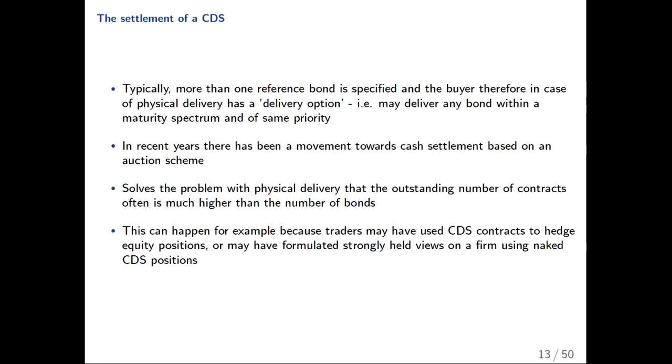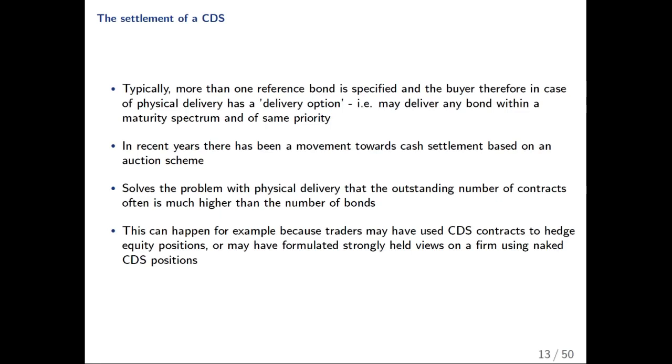What this creates is something called the cheapest to deliver option. If there is a physical settlement process, there's going to be something called a short squeeze. There's a bunch of bonds outstanding, and I have the option to deliver the cheapest one. I'm going to try to deliver the cheapest one.